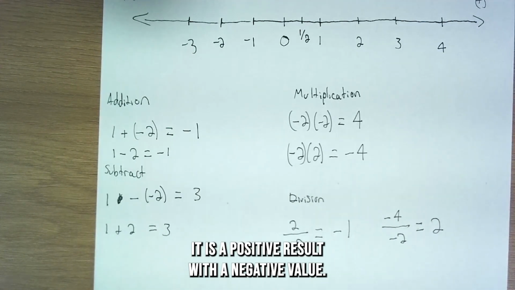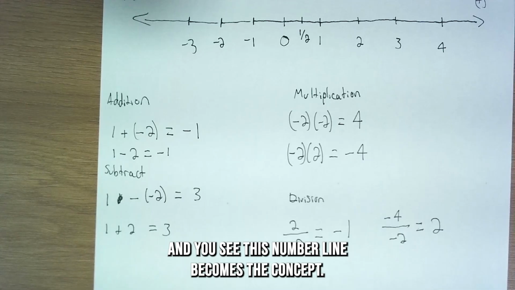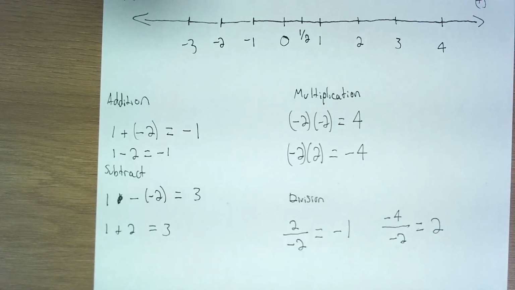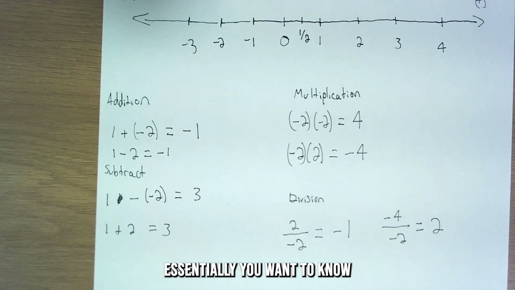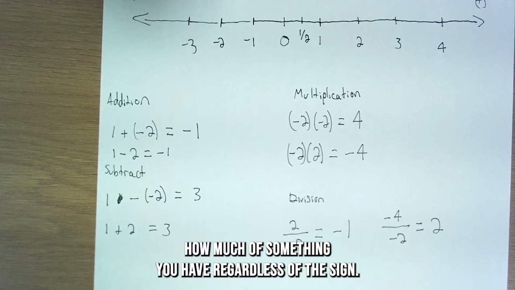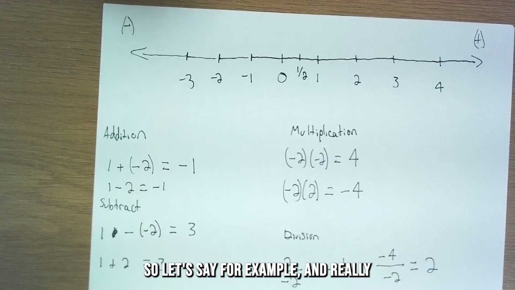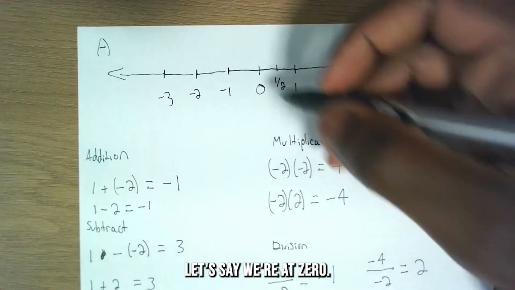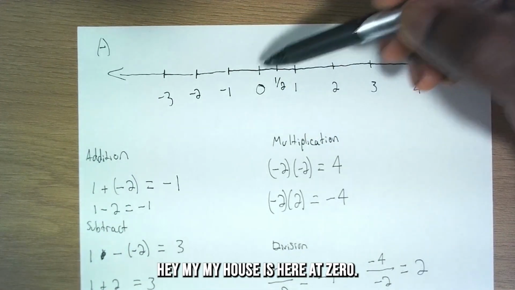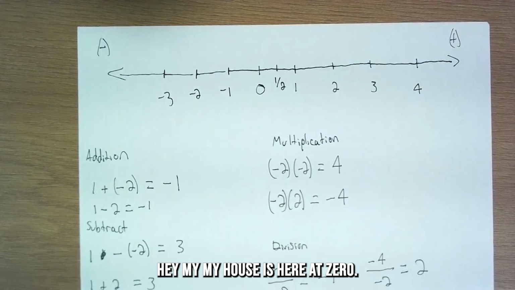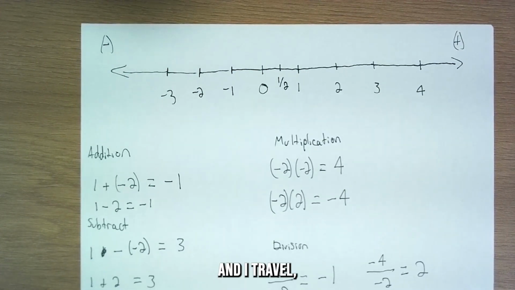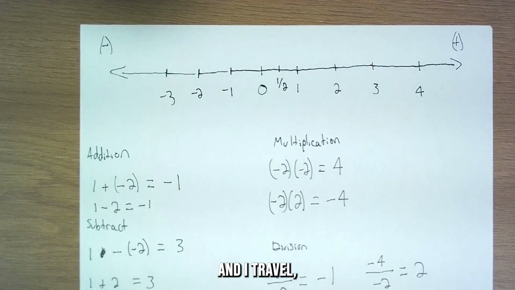With a negative value, and you see this number line, comes the concept that you want to know how much of something you have, regardless of the sign. So let's say we're at 0. My house is here at 0, and I travel this way to 2.